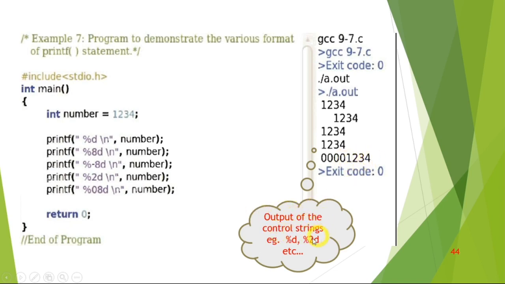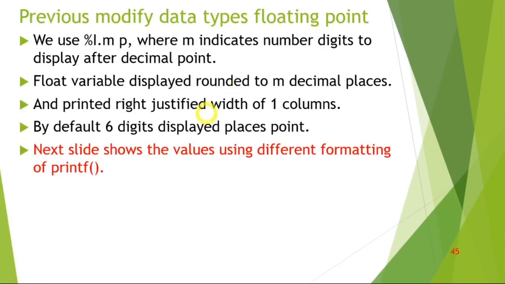So this is the output of control strings %d and %2d etc. Now we have done about only %d actually for integer.